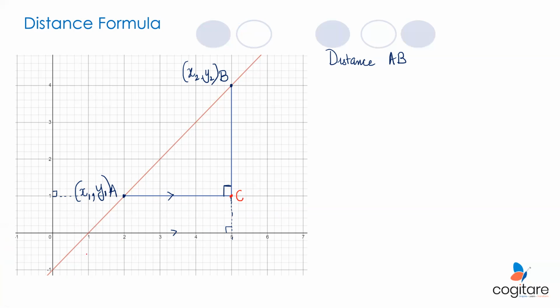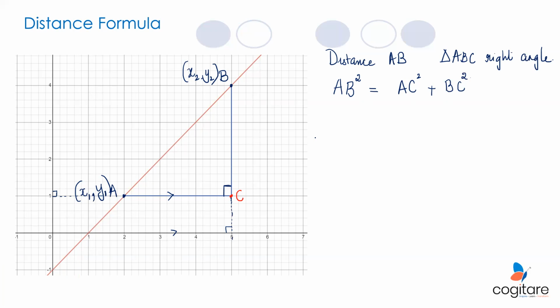Now, if you look at triangle ABC, it's a right angle triangle, right? Triangle ABC is a right triangle. So the square of the hypotenuse, that is AB squared, is equal to the sum of the squares of the other two sides, AC squared plus BC squared.